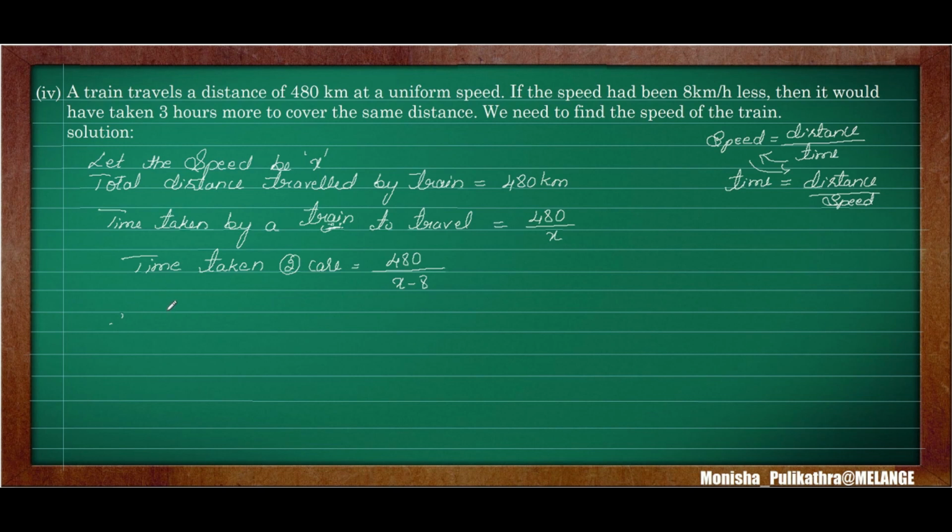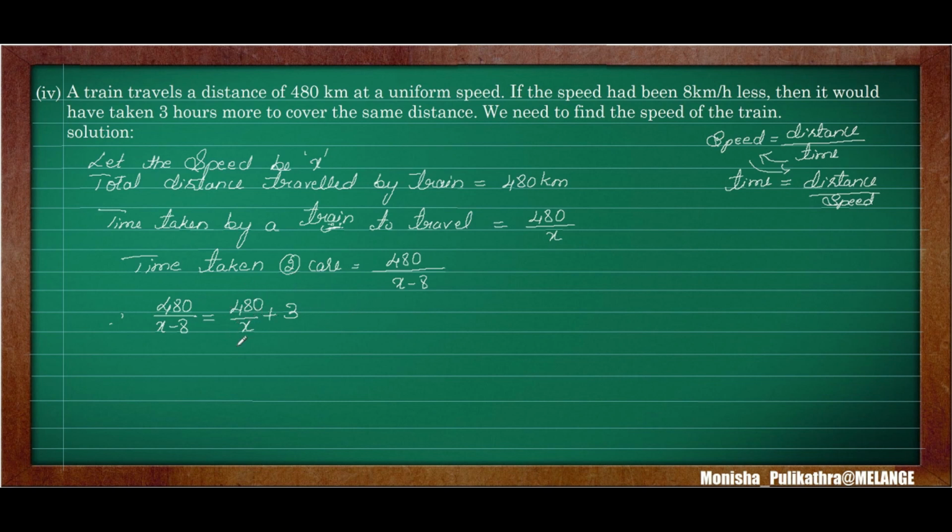So we have to write this statement in equation form. If the speed of the train reduces, then the usual time taken will increase by 3 hours. This is the way of writing the equation. Because t is equal to 480 by x, the time taken becomes 3 hours more.